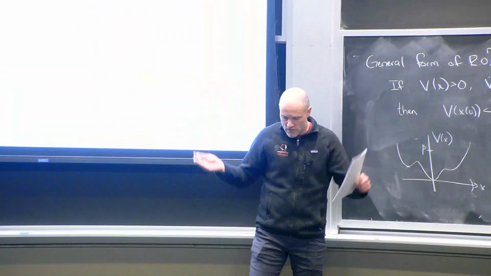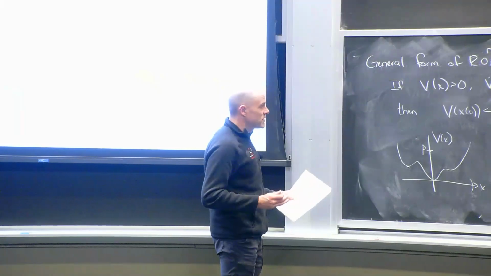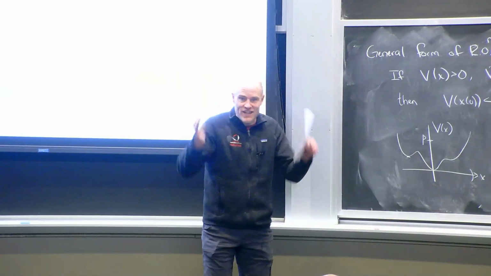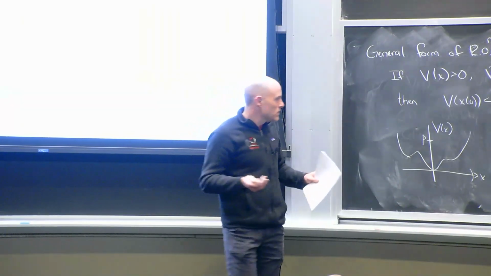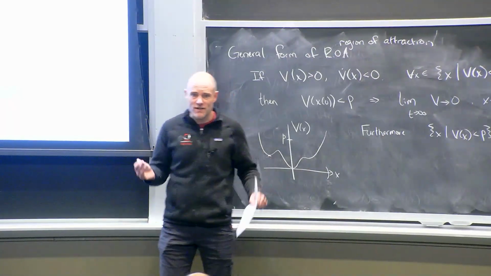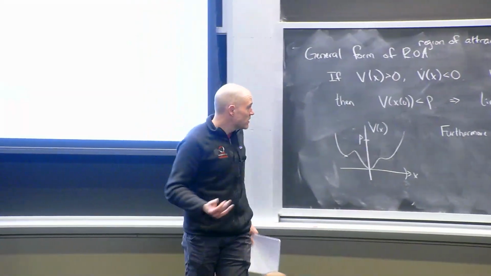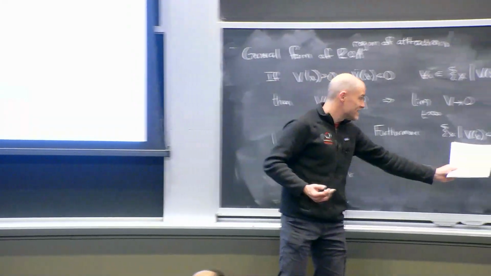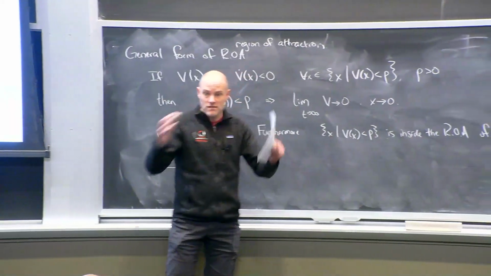There's a true region of attraction. In the example before, we got it exactly with our Lyapunov function. I can't from these statements say I found the biggest region of attraction. I'm just saying that this Lyapunov function proves that the region of attraction is at least as big as that sublevel set.